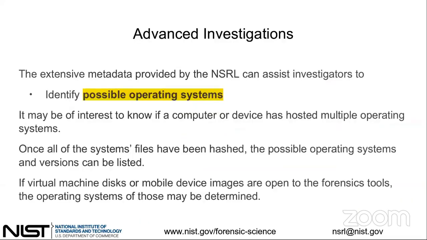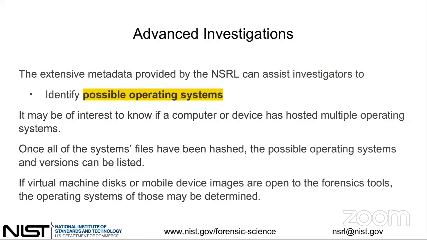Another thing it can do is identify possible operating systems. It might be of interest to know if a computer or device has hosted multiple operating systems, such as a virtual machine container or a different disk image from another type of operating system.